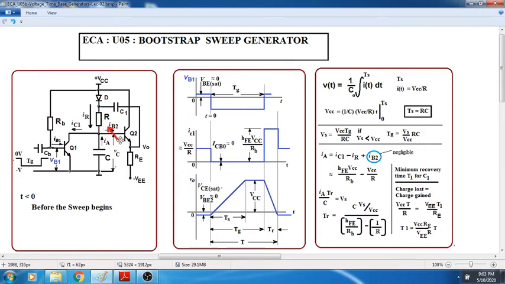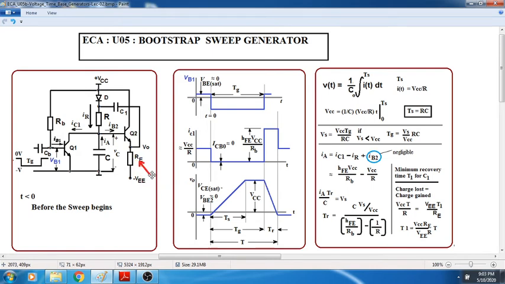Okay. Now let us see what is the current flowing through this emitter before the input becomes negative. The current flowing through this emitter, as usual, because this node is assumed to be equal to 0 before the sweep begins, the current flowing through the emitter resistor will be VEE minus V0, so V0 is negligible, divided by RE. So it has to be approximately equal to VEE divided by RE.